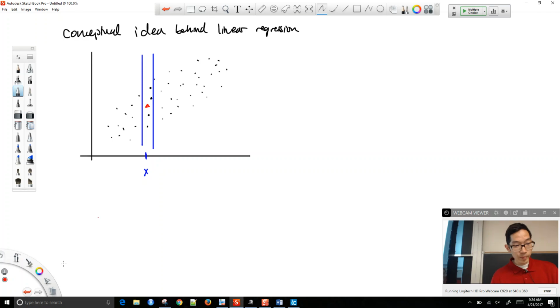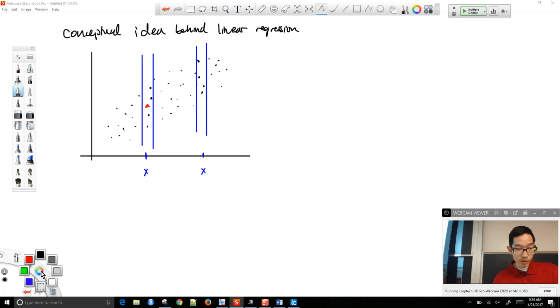At another location of x, I'll take another slice of data here, look at the data points right here, and find the mean of these 4 data points. And maybe it's something right there.